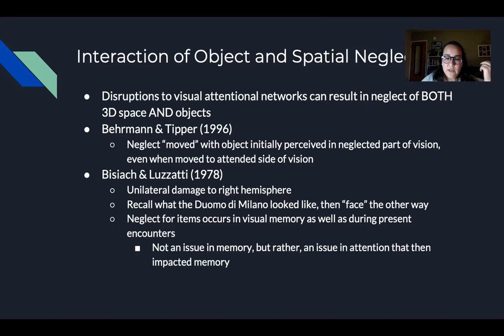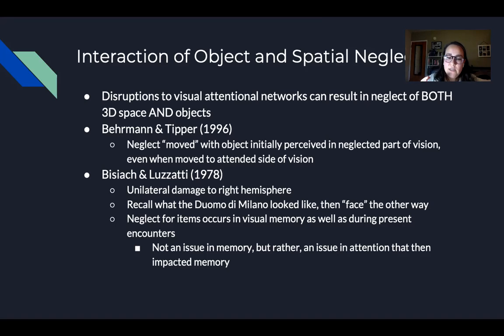So they were then describing what they saw, and they weren't talking about the things that were on their neglected side. And then if they had them turn around and face the other direction in their imagination, they then reported items from their memory that they had just previously neglected. And then they neglected the other side of that sort of visual scene.